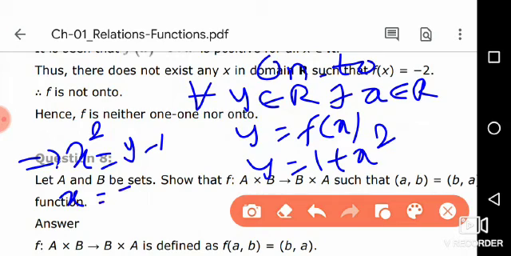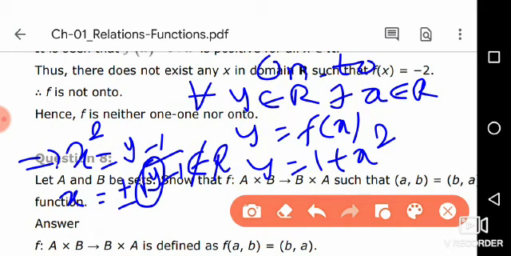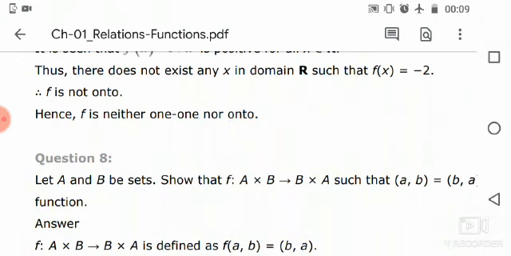Therefore x is equal to plus or minus square root of y minus 1. For different values of y, there is no element of x in R. That's why the given function is not an onto function. Therefore the given function is neither 1-1 nor onto.